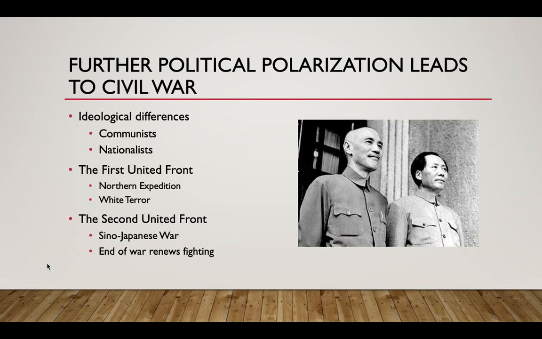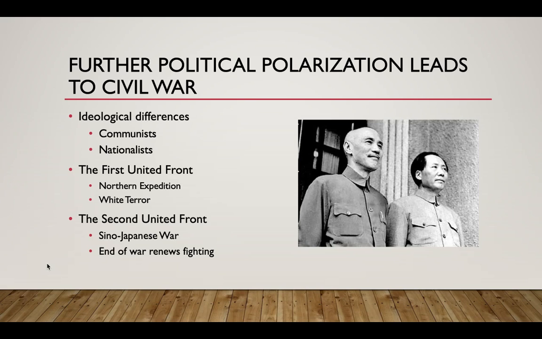And so they will put aside their differences and their fighting, and they have a common enemy, and that will be Japan. The Second United Front was created under the guidance of the Soviet Union and the United States.